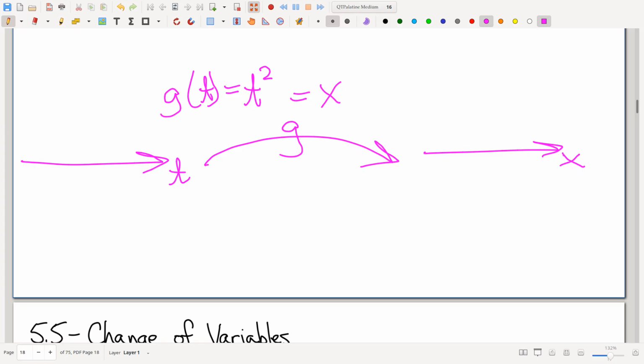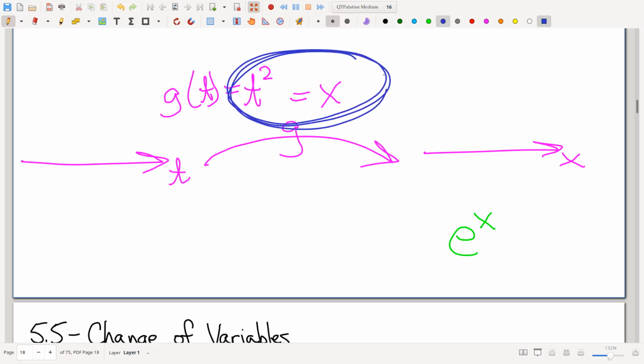And now let's think about the following expression. If I think about the expression e to the x, that's a function of x. That's a function that I'm going to say lives over here on the right side. What happens if I plug in? And by the way, this is not a creepy idea, right? Y'all have been plugging in. Hey, I have a formula for x, I can stick that where x goes.